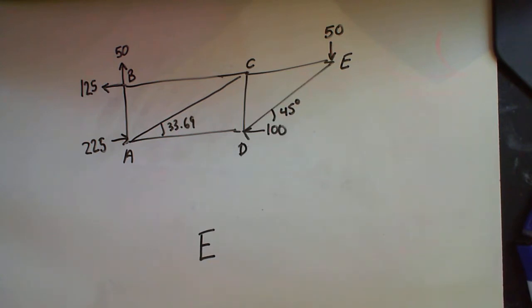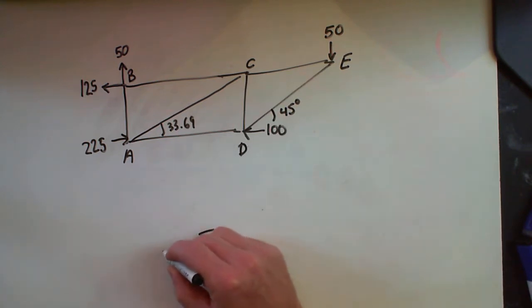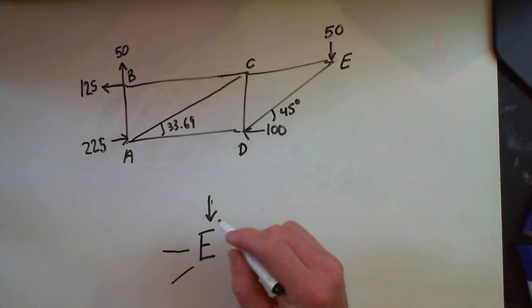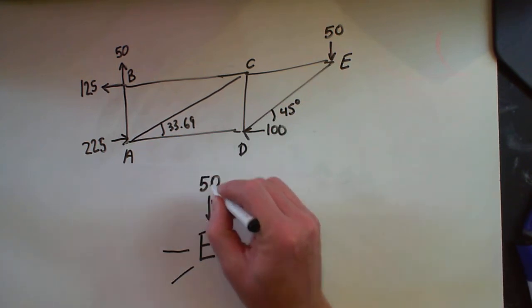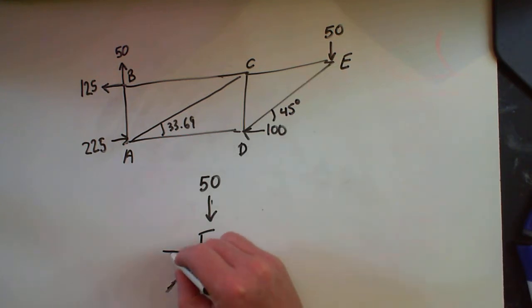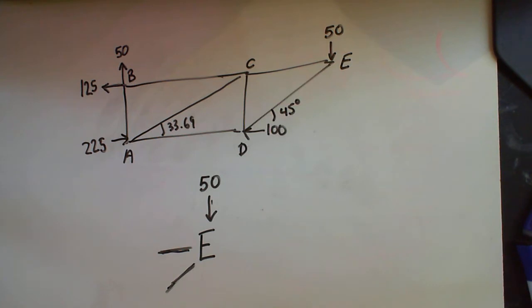So we look at E, and we have 3 different things happening at E. We've got this 50 coming down. We have a diagonal element that is coming down this way, and then we have a horizontal element.